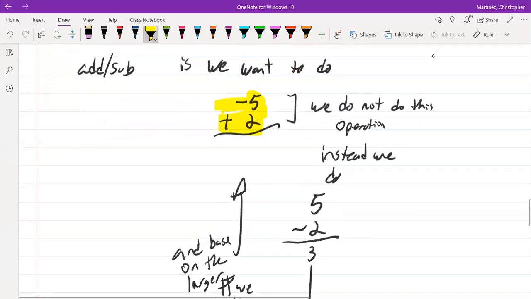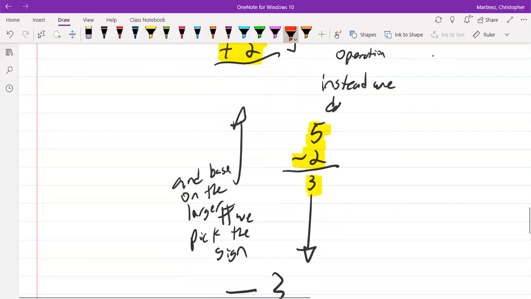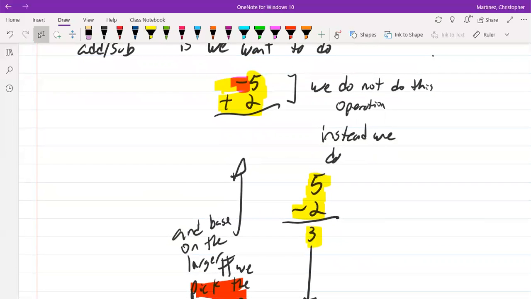And what we really do instead is we flip that to say, the way I'm going to solve it is I'm going to do 5 minus 2, because I know that's the operation that's occurring. I'm going to get the result of 3. And then going back and looking at my signs, I'm going to pick which sign I should be using. How do I know which sign I'm going to be using? I look at what has the most magnitude. In this example, it was -5.